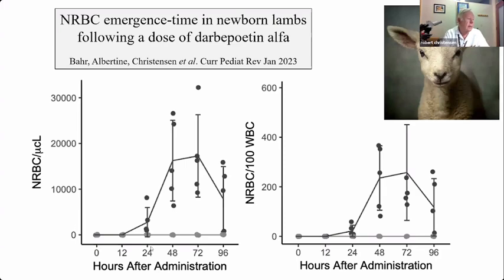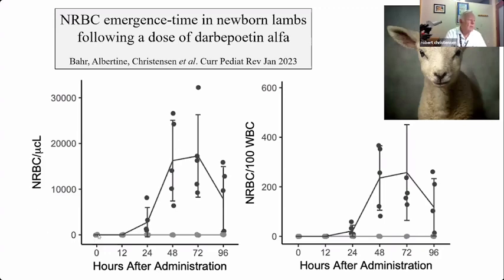Here are 2 panels, nucleated red cells per microliter and nucleated red cells per 100 white blood cells. And in each, you have 2 lines, a gray line and a black line. These are because the newborn sheep were injected with either high levels of darbepoetin or a vehicle control as a placebo.